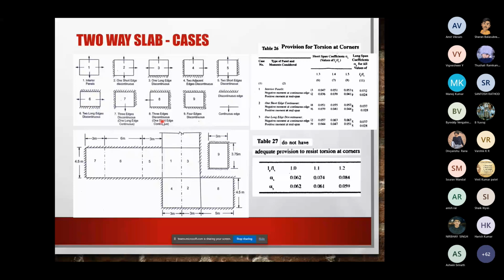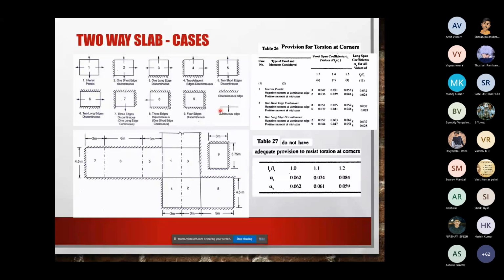So in this case, these 3 are discontinuous. This is continuous, the long edge. In this case, the short edge is continuous. Or 4 edges discontinuous, meaning like a simply supported slab. Okay, so this represents a discontinuous edge, this represents a continuous edge.